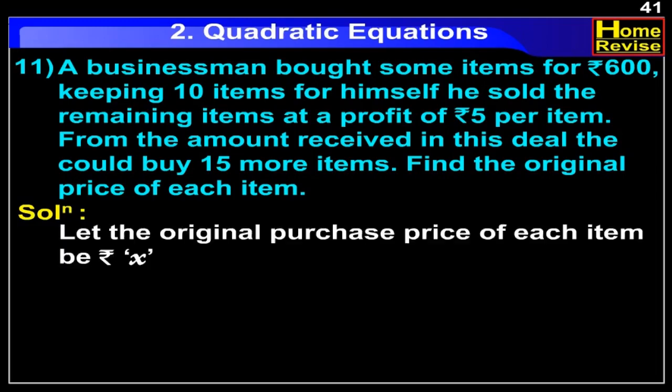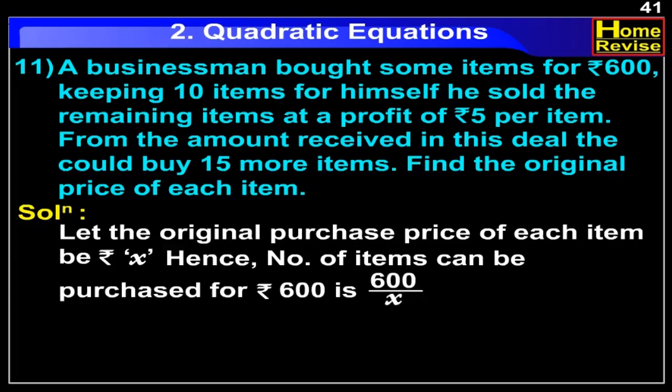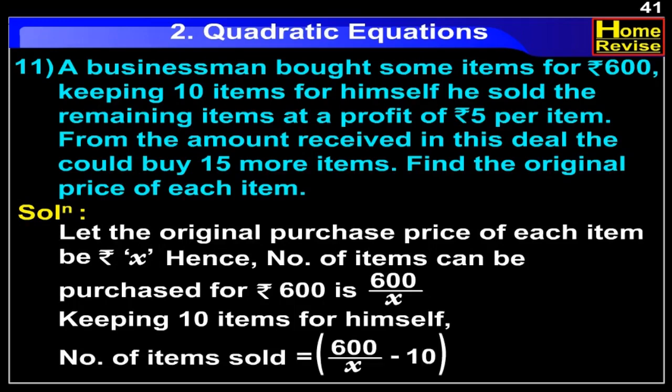Let the original purchase price of each item be rupees x. Hence, the number of items that can be purchased for rupees 600 is equal to 600 upon x. Now, keeping 10 items for himself, the number of items sold will be equal to 600 upon x minus 10.